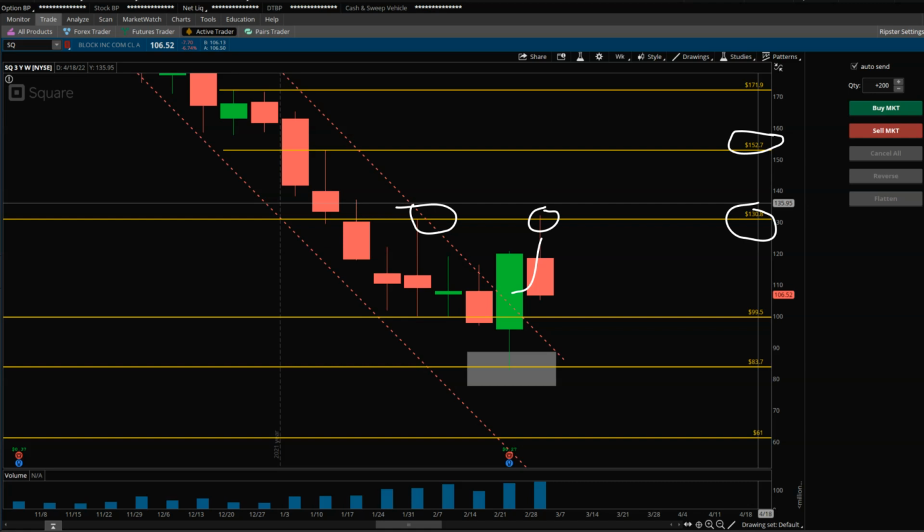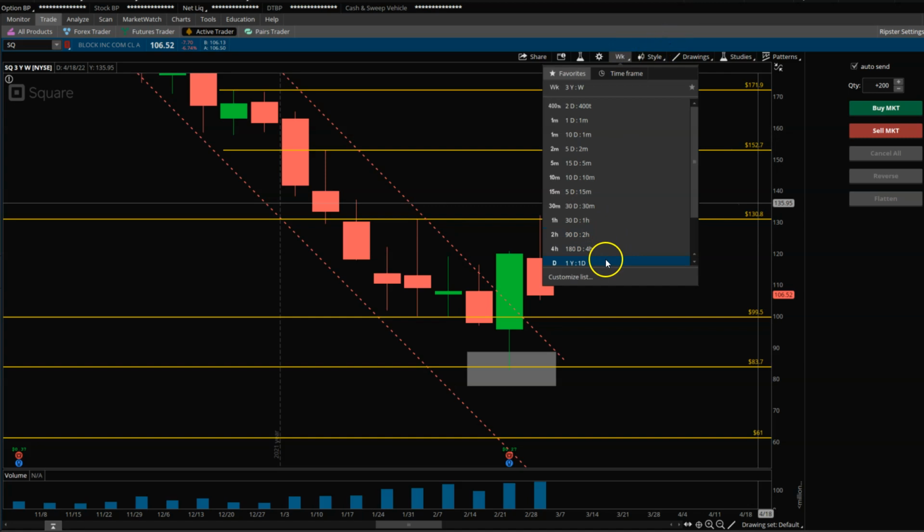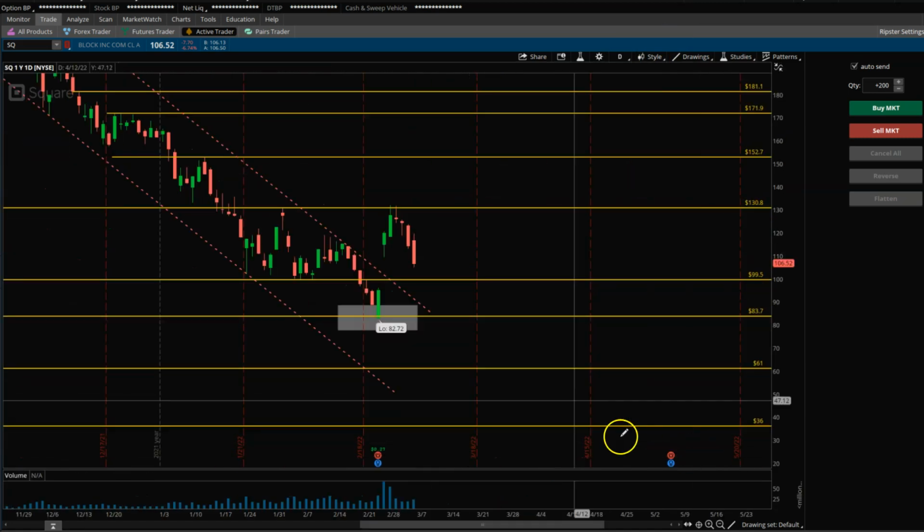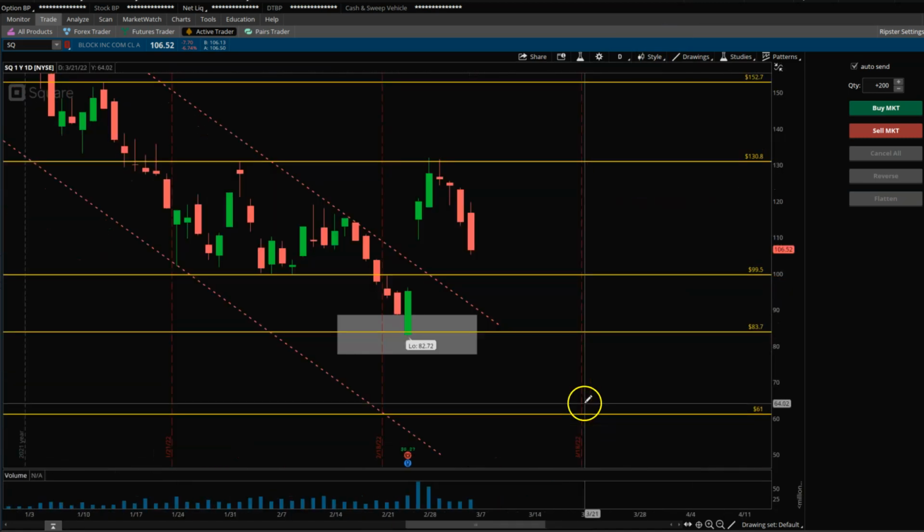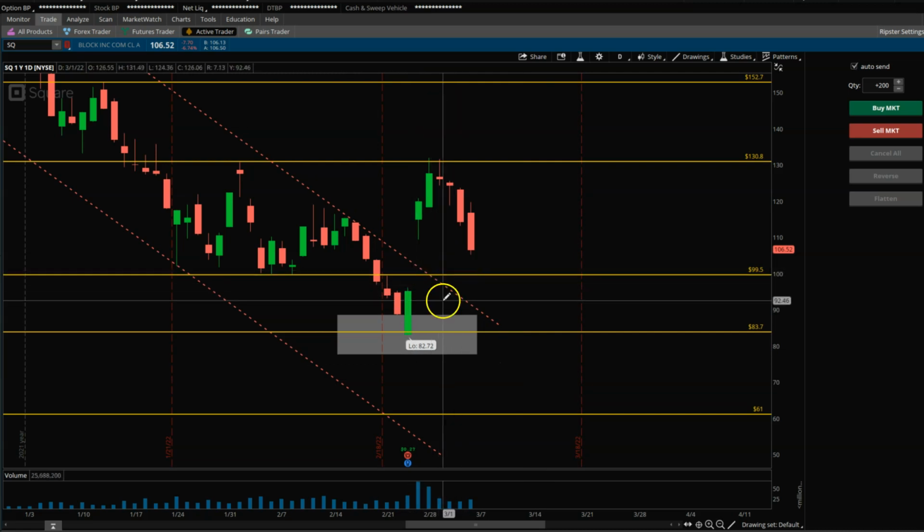But till that time, it's just weak, right? So let's go into daily and see what's going on. Still weak, not really good looking chart. We have this gap fill towards the downside that it might want to go and touch. So unless that reverses, it remains weak.